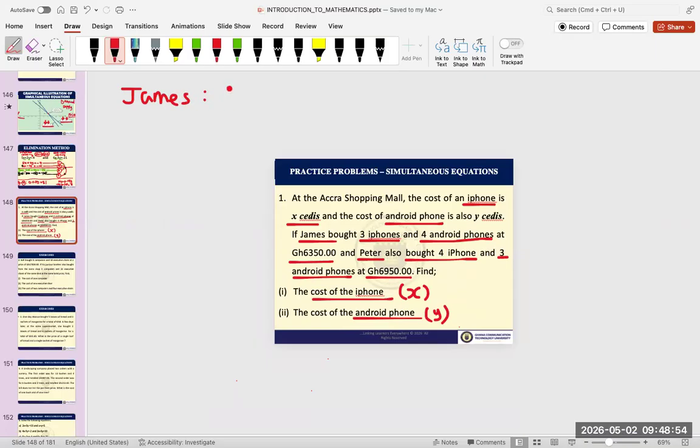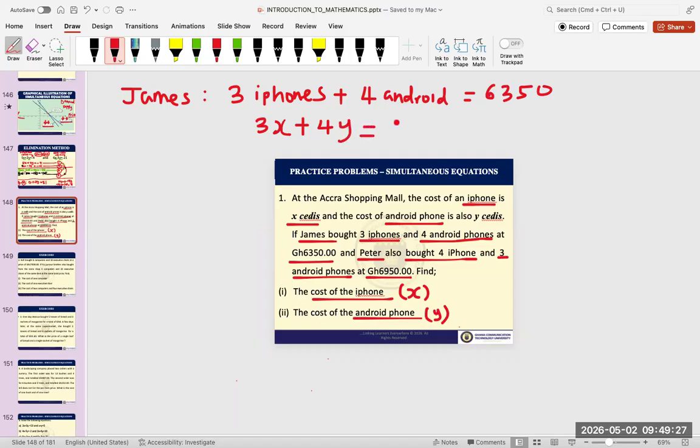James bought 3 iPhones and then 4 Android phones at a cost of 6,350. So when we are writing this one in equation form, it is 3x plus 4y is equal to 6,350. This is our equation 1.